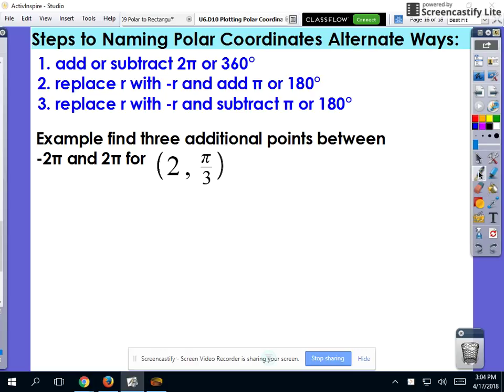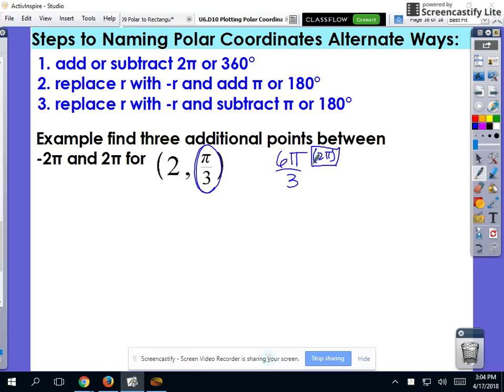Now, if we add 2 pi, well, first, before we forget, pi over 3 is not something fun to add to. So let's think of what we could add or subtract. 180? No, because we're in radians, we're going to need to add or subtract pi or 2 pi. So what would 2 pi be in this same realm? We need to go ahead and say that 6 pi over 3 is the same as 2 pi.